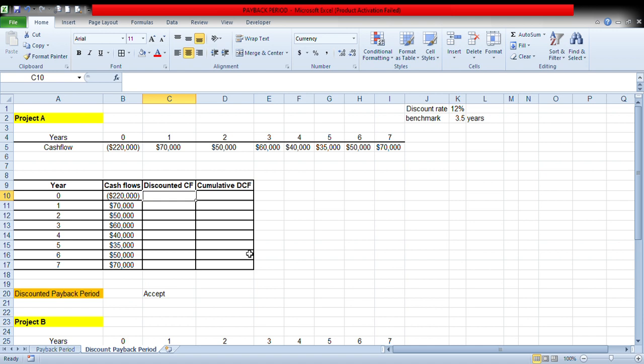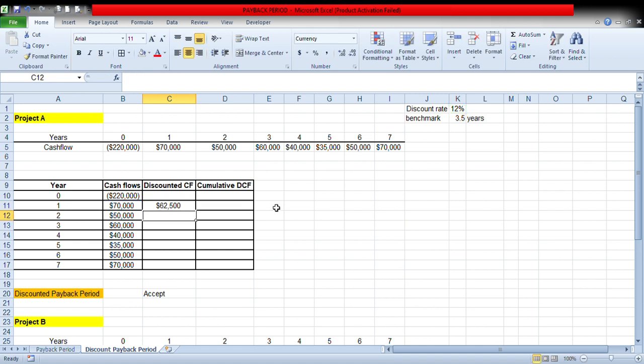First, you take the future value and divide by 1 plus the discount rate, raised to the power of the year.